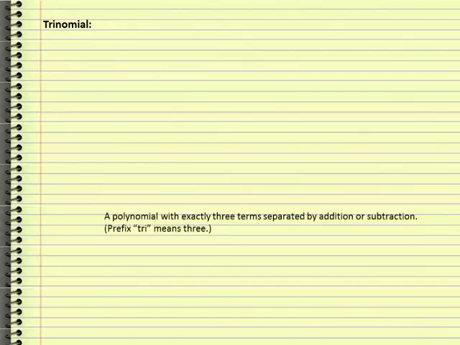A trinomial is a polynomial with exactly 3 terms. Tri means 3. So it's like a binomial, except instead of having 2 terms, it has 3. Again, we can't have square roots with variables in them, so this would not be a trinomial because of the square root.